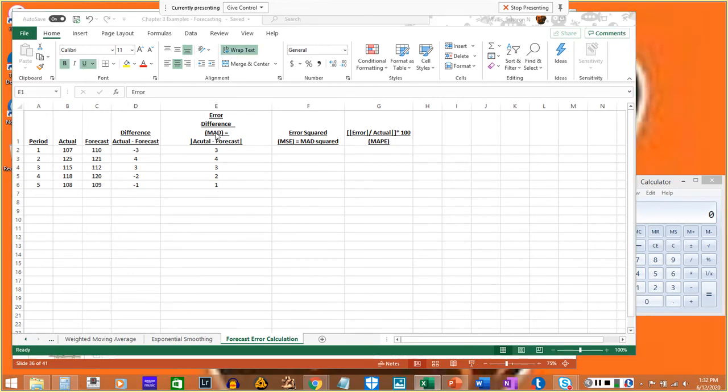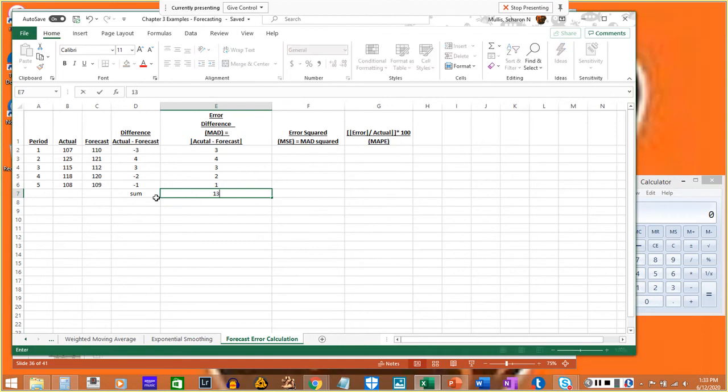After you come up with your mean absolute deviation, you need to get the sum of those numbers. So it would be 3 plus 4, which is 7. 7 plus 3, 10. 10 plus 2, 12. 12 plus 1. So the sum of that is 13. And since you have 5 periods, n equals 5. So to come up with that number, you divide 13 by 5, which equals 2.6.